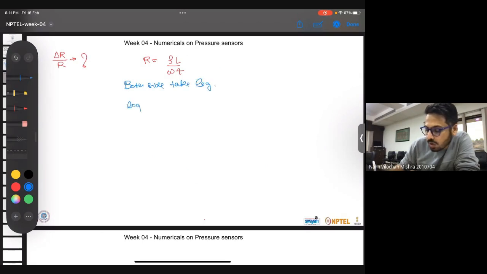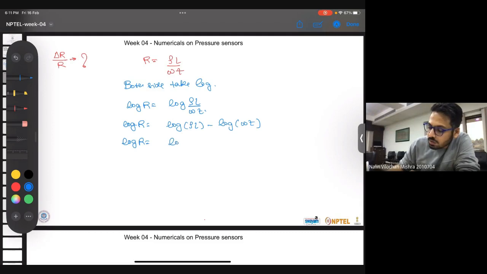So it will be log R is equal to log of rho L by W T. It can be written as log R is equal to log of numerator minus log of denominator. Further, it can be written as log rho plus log L minus log W minus log T.